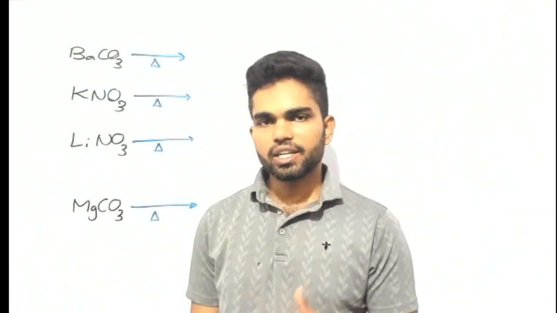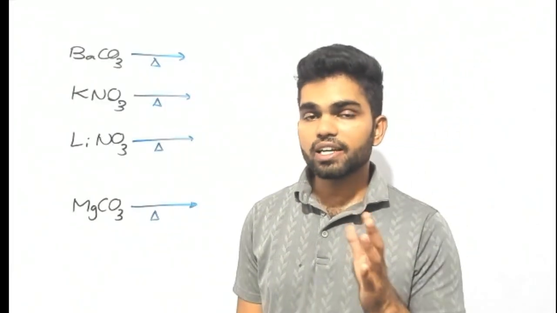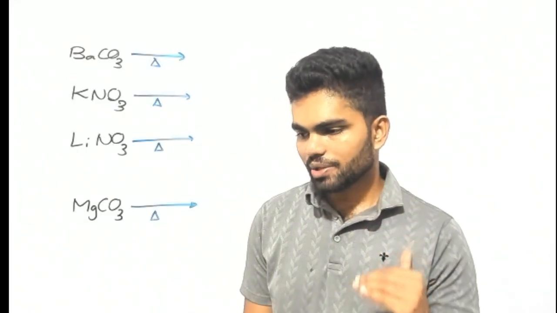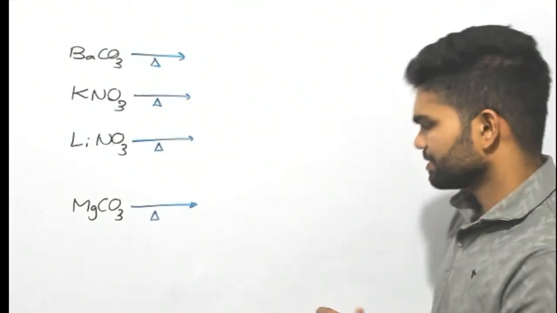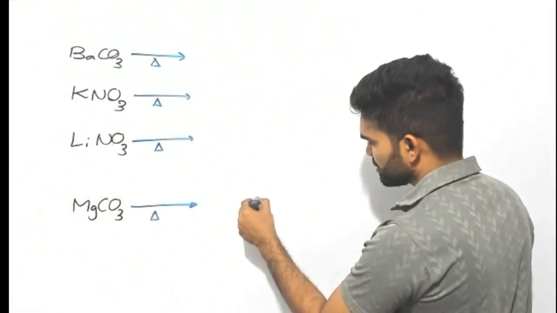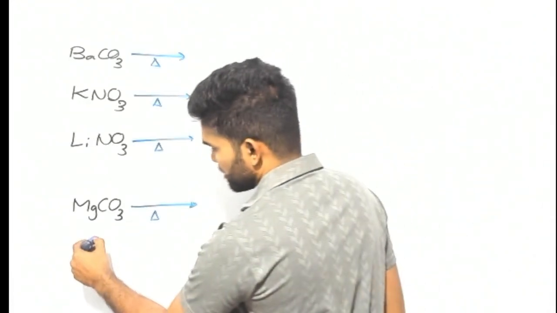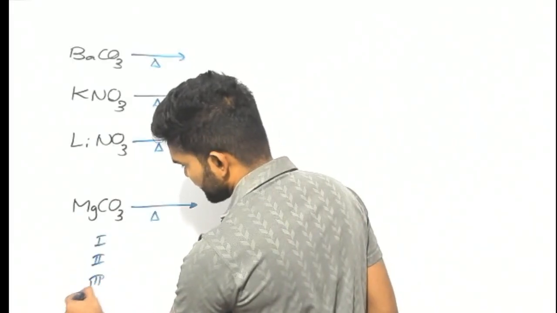Carbonates and nitrates we classified into three sections. So there are three groups actually: first category, second category, and third category.